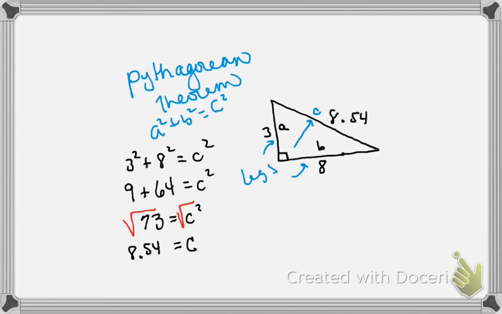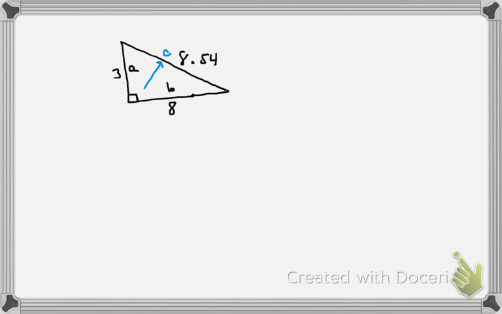All right, so let's do one where we have a C. We don't have one of the legs. So I'm going to copy this real quick. Let me erase this. All right, so we're going to paste it here.